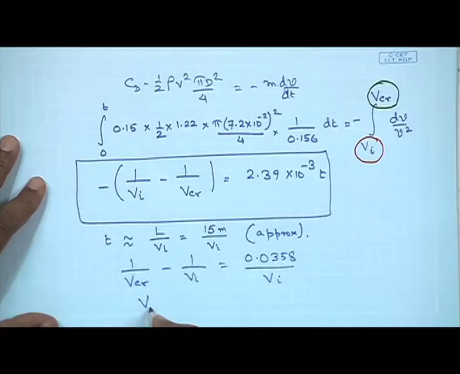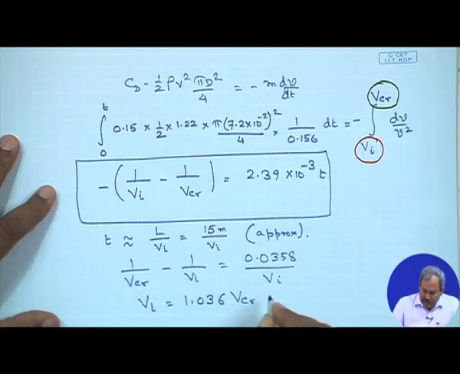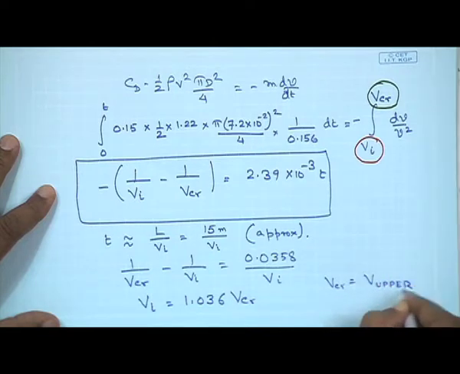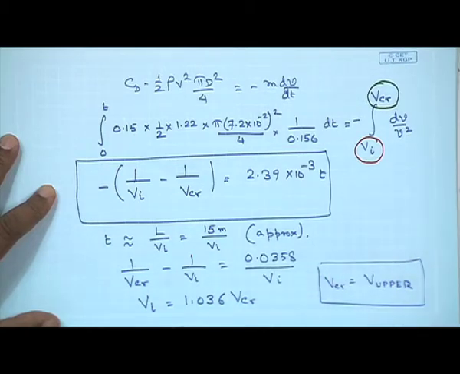So let's just work out the numbers, and it would be interesting to see what is going to be the velocity of the delivery of the ball. If you put in the numbers, the velocity of the ball should be equal to 1.0336 V critical, and this V critical is essentially the V upper that we have obtained in the previous case.